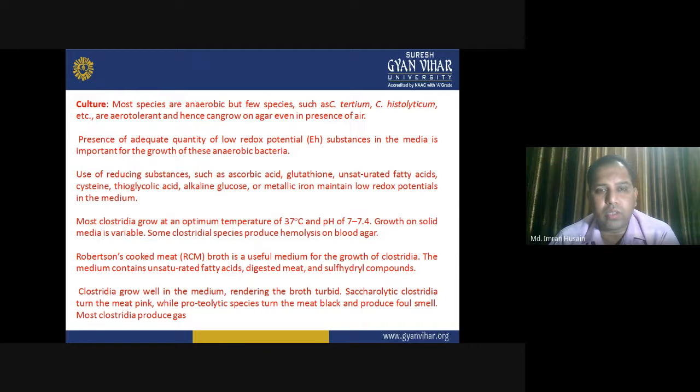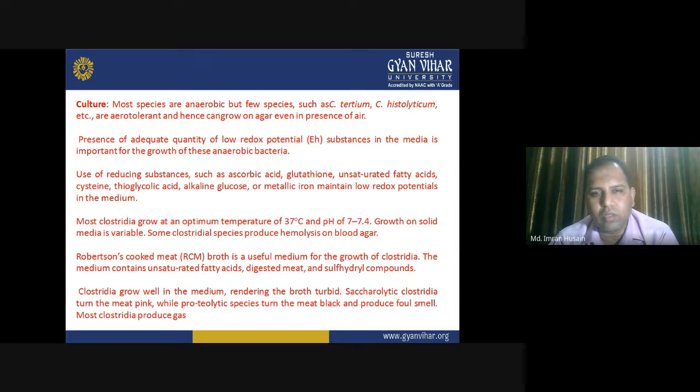Reducing substances such as ascorbic acid, glutathione, unsaturated fatty acid, cysteine, thioglycolic acid, alkaline glucose, or metallic iron maintain low redox potentials in the medium. Most Clostridia grow at an optimum temperature of 37 degrees centigrade and pH 7 to 7.4.